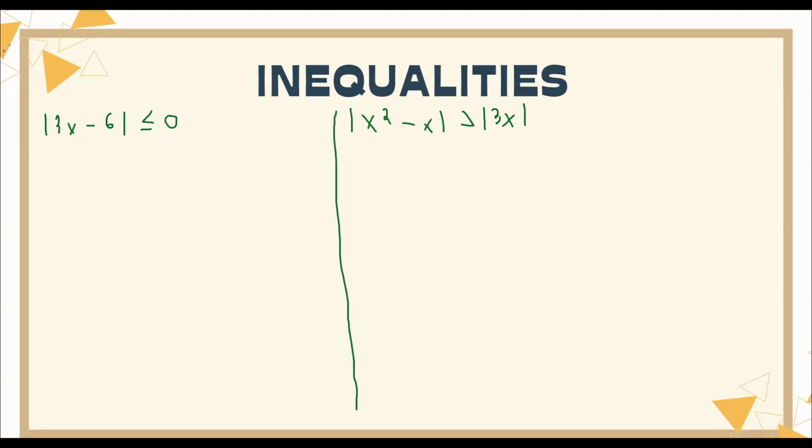And I'll write our formulas here in the corner. So, if the equation is less than k, then your formula is negative k less than the equation less than k.